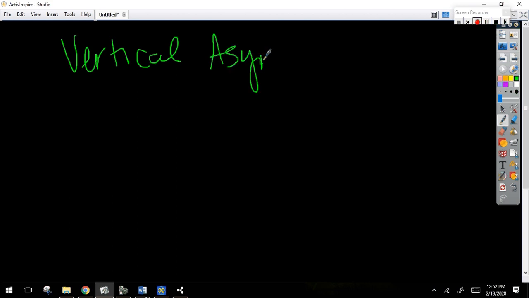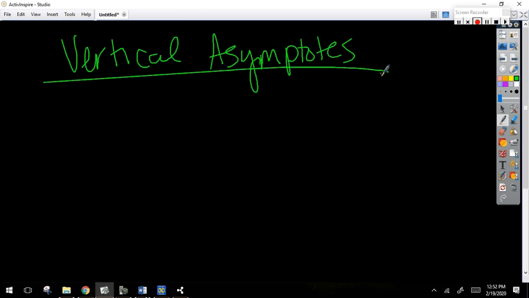All right. Let's look at one more. Let me show you vertical first, and then we'll do horizontal and vertical asymptotes. These are the hardest. For right now, we are going to only focus on when it's a fraction, okay?